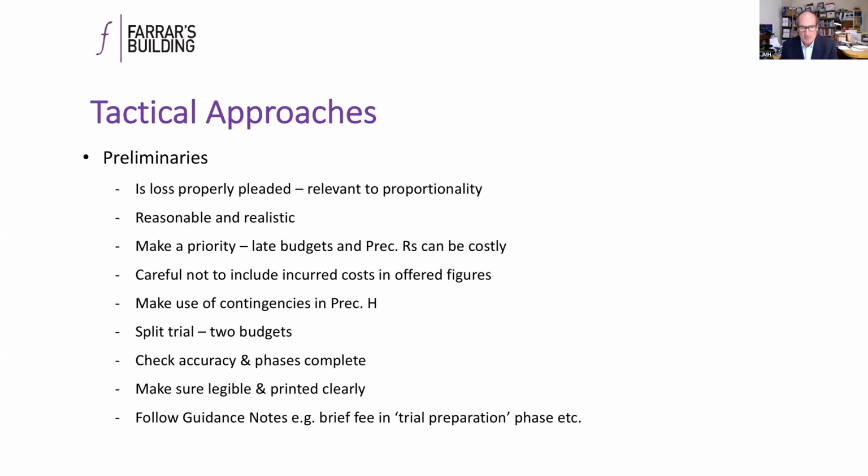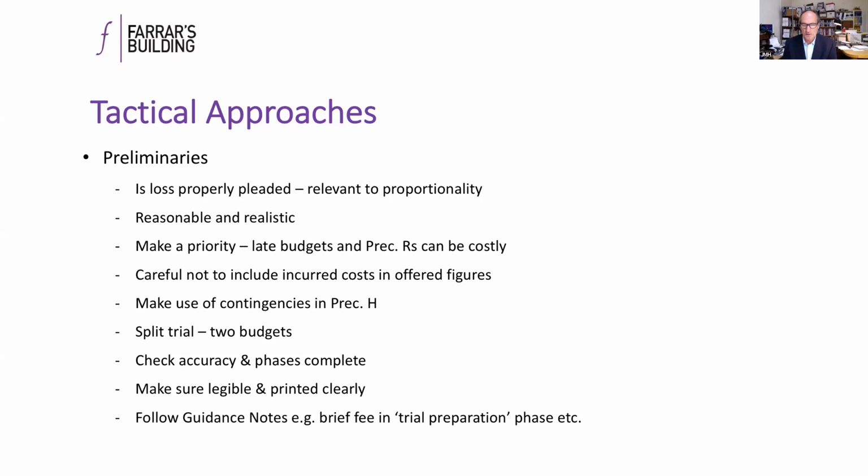In your H, make use of contingencies. So if you believe there are things which are likely to happen and they've been canvassed in correspondence possibly, or just because there's a difference in view taken by the parties, then make use of the contingencies and put them in there. They're often overlooked, particularly, for example, with different areas of expertise, where there might be something of an argument about which experts are to be used or not.